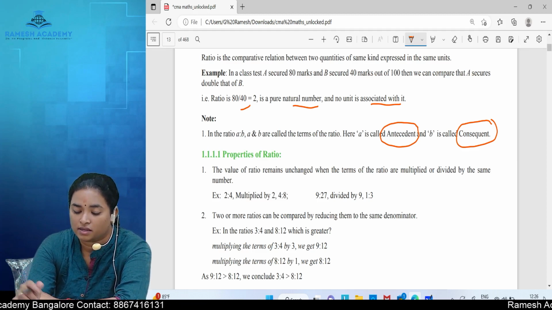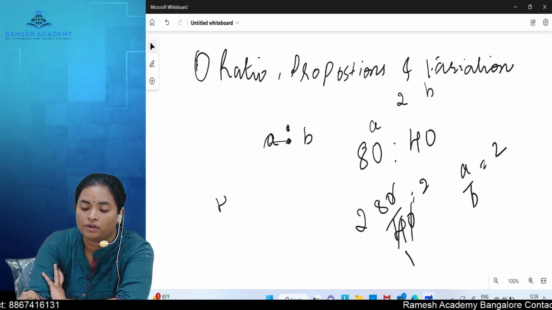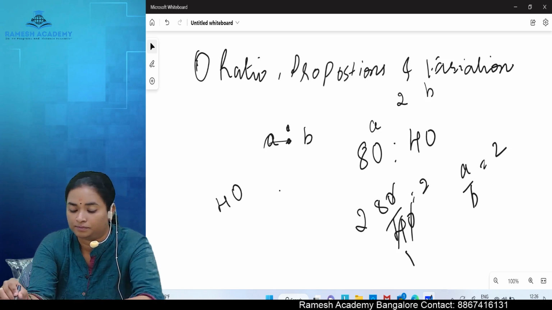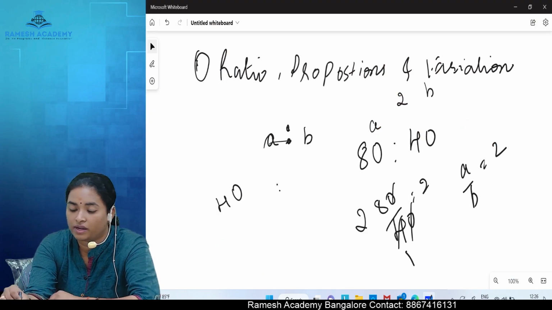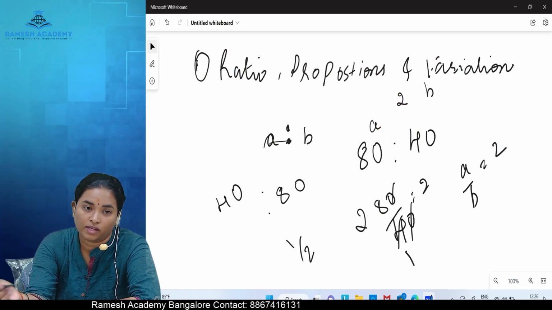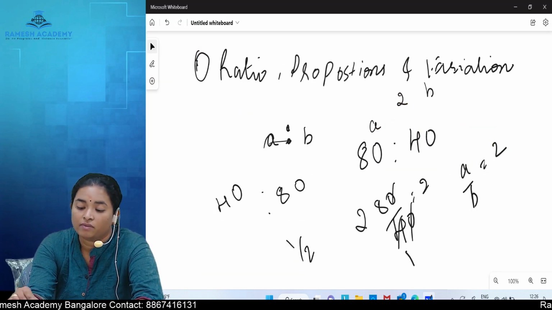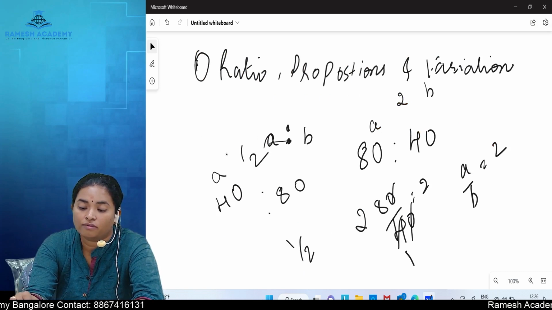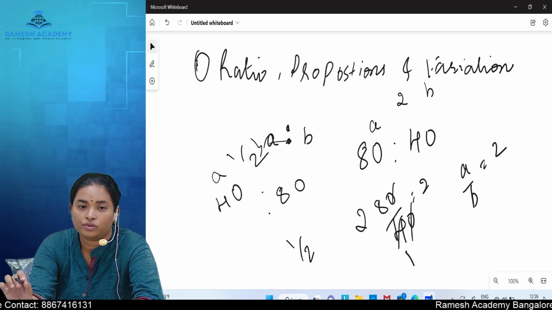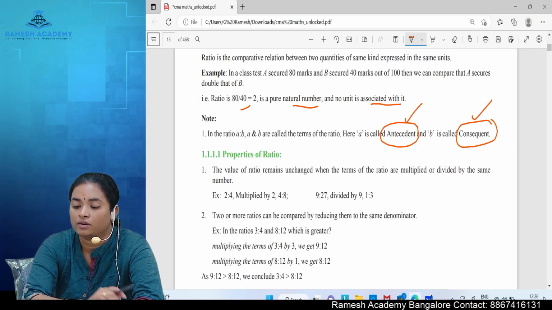Suppose they say the antecedent is 40 and the consequent is 80. Then the ratio is 1/2. So 1/2 and 2 are a little different. That is like A is half of B. Got it? So it is important for you to know the antecedent and consequent.